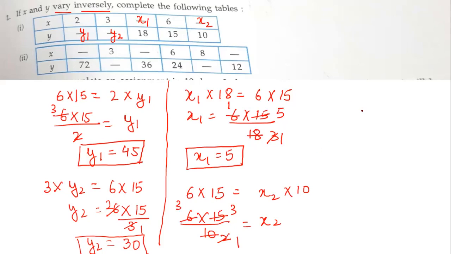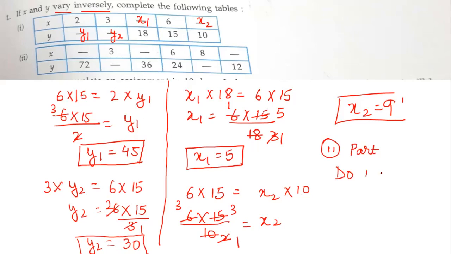So x2 is equal to 9 here. So you have received all the unknown quantities here. Similarly, you can do it for the second question given to you. You have to do the second part yourself.